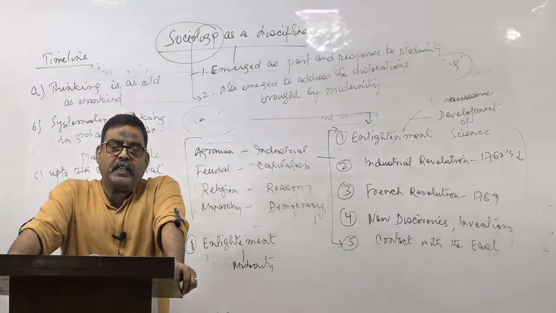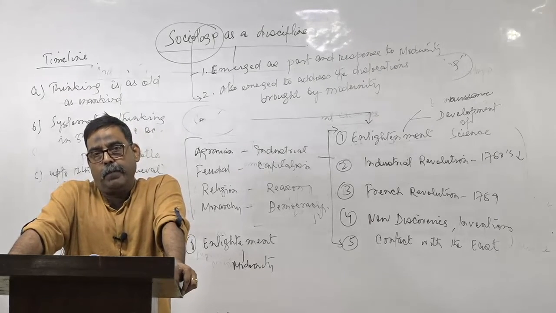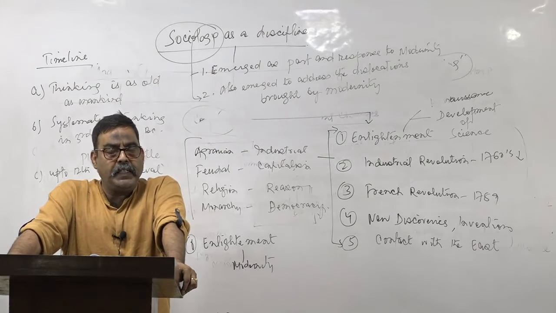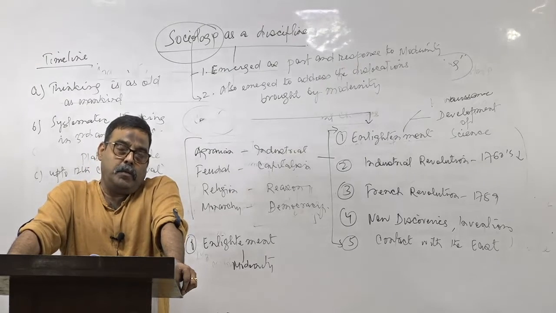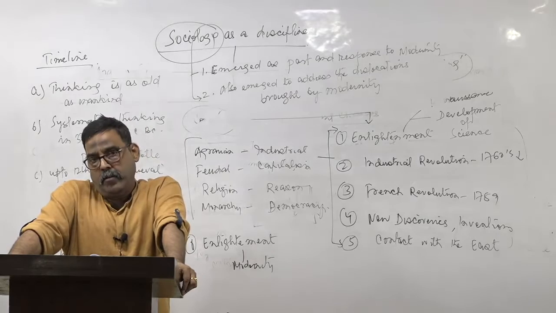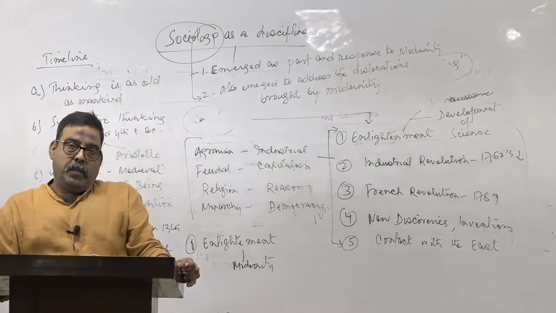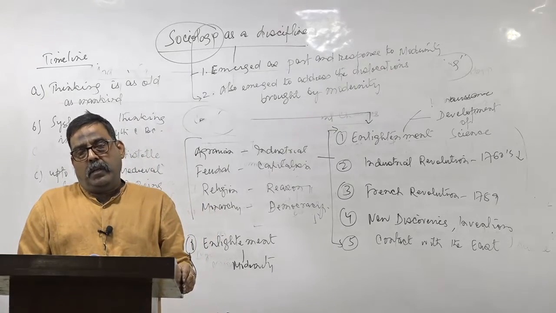So the debate pertaining to the nature of sociology, whether sociology is a science or not, we are not entertaining that one. Yes, the debate will intensify, the debate is still going on. Some consider sociology a science, some draw certain limits. They talk about the delimits, where sociology cannot be compared to science.